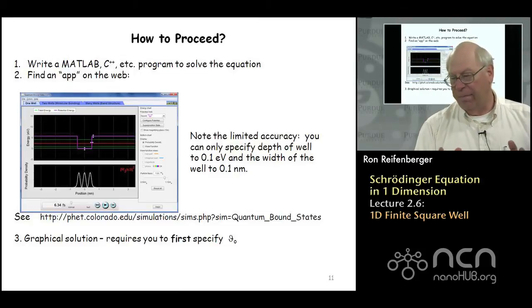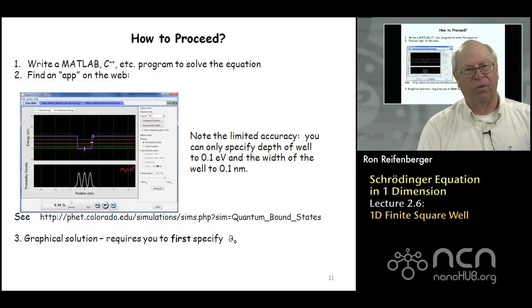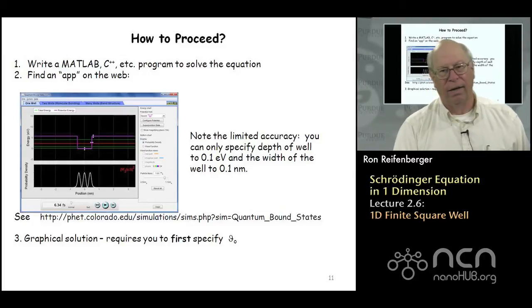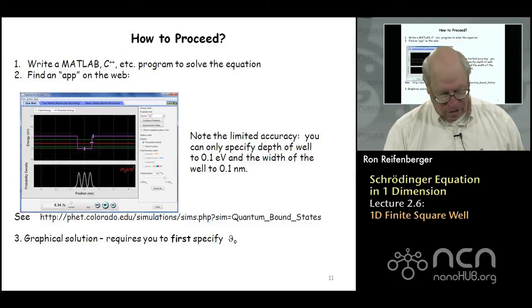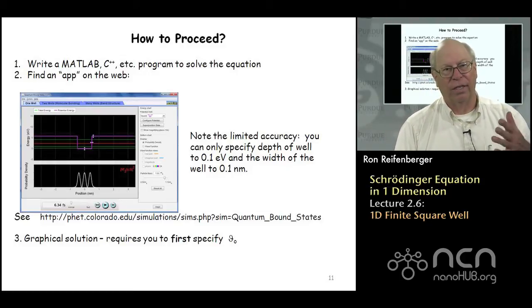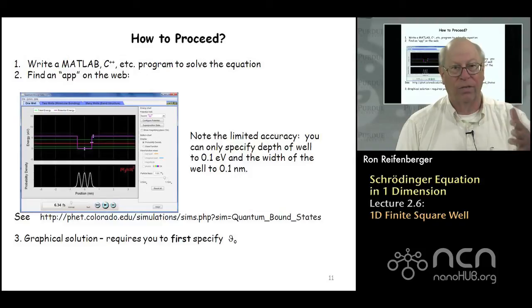We're going to do that by first specifying this parameter theta 0, and then we're going to find out what values of theta are required in order to solve the transcendental equations. So there's at least 3 ways to work through this. The graphical solution is just intended to allow us to discuss the results of a particular problem within the confines of this lecture.